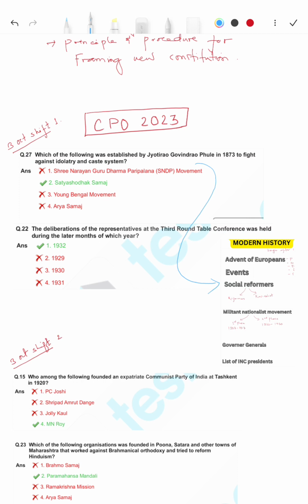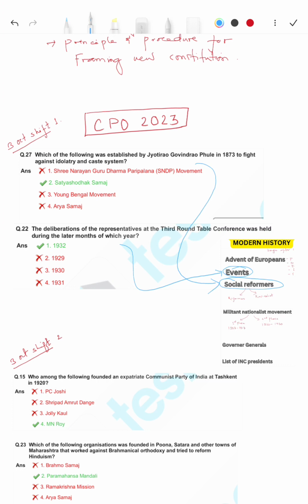Then question 22: the deliberations of the representatives at the Third Round Table Conference were held during the later months of which year? This was framed based on events. So the questions were based on these two topics: events and social reformers.